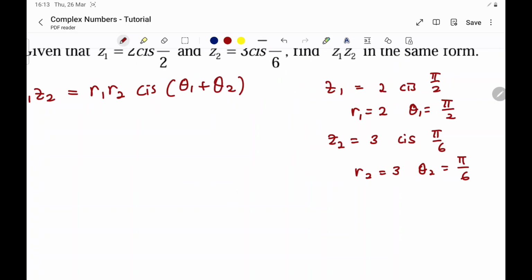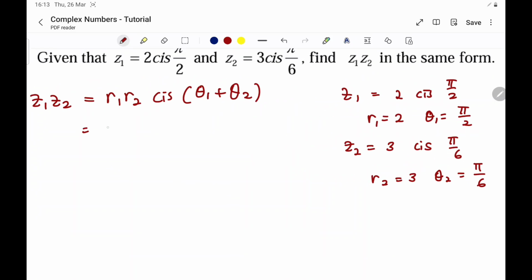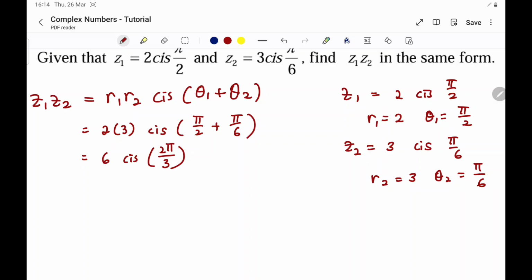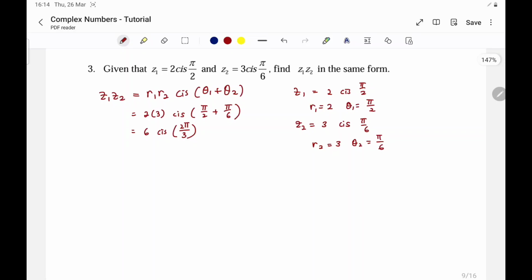So what you have to do is just substitute inside. r1 is 2, r2 is 3, then we have 6 cis, theta 1 pi over 2 plus theta 2 pi over 6. Okay, so here you will get 6 cis, and then you add pi over 2 with pi over 6, and you will get 2 pi over 3. So this is the answer for question 3.